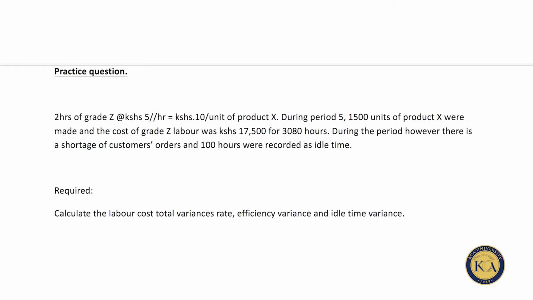During the period, however, there is a shortage of customers' orders, and 100 hours were recorded as idle time. You are required to compute the variances, and in our case, we compute the total labor variance, the rate variance, the efficiency variance, and the idle time variance.